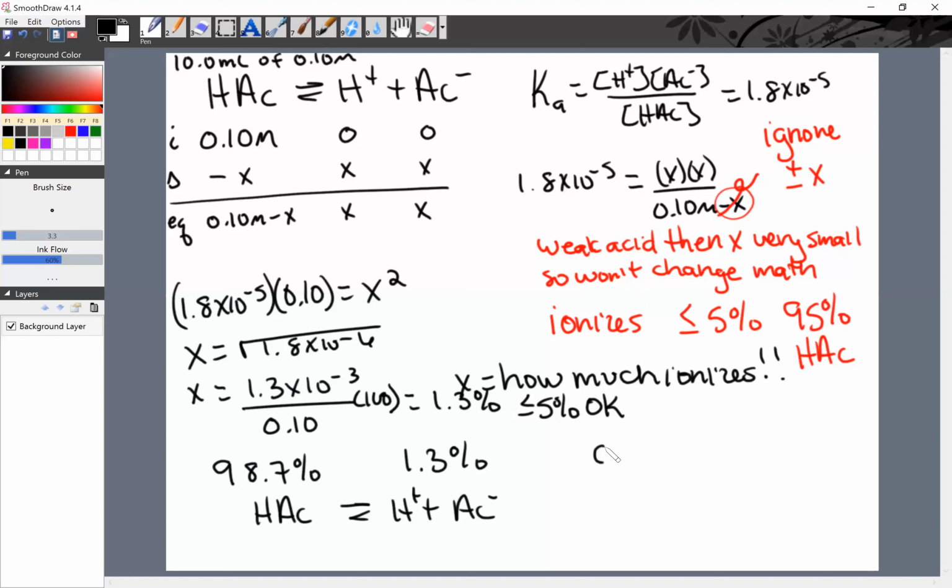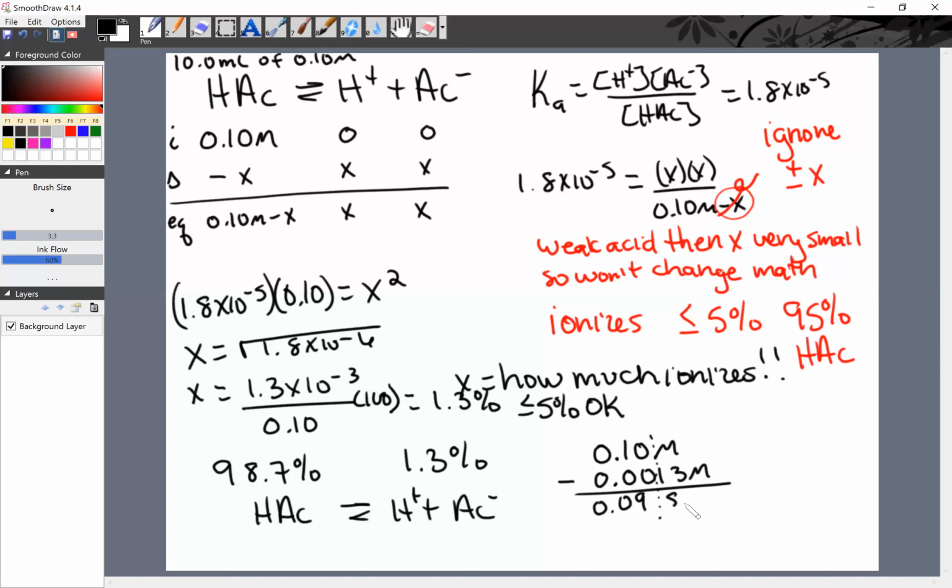Let's see, so 0.10 molar minus, what was it? 0.0013. And if I subtract those to our significant figures, we only get to keep 2 after the decimal. So 0.10 minus 0.0013, and I get 0.0987.